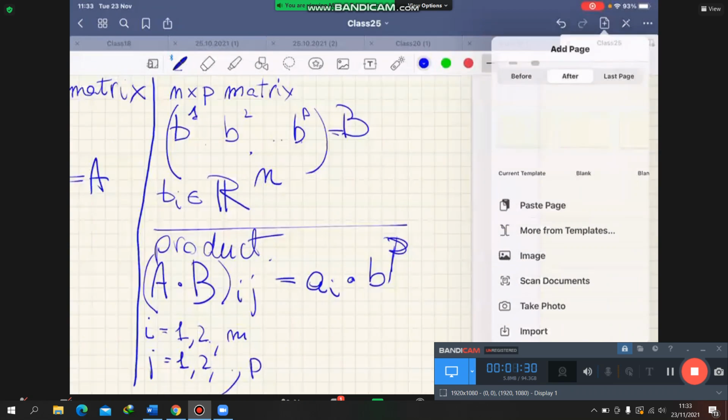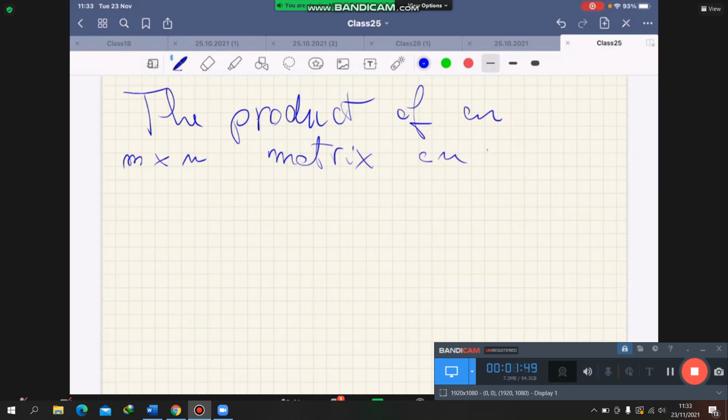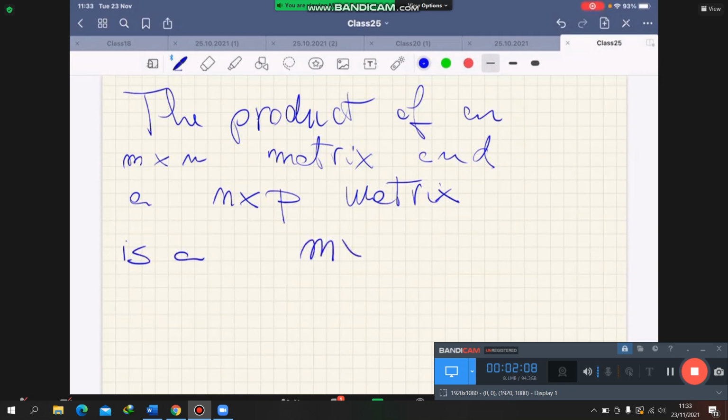So the product of an M by N matrix and an N by P matrix is an M by P matrix.